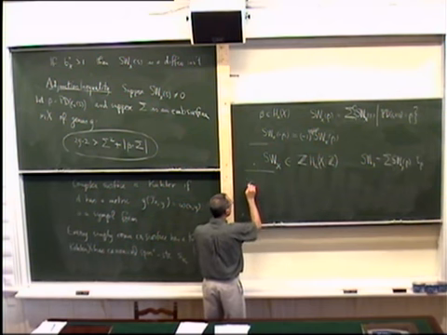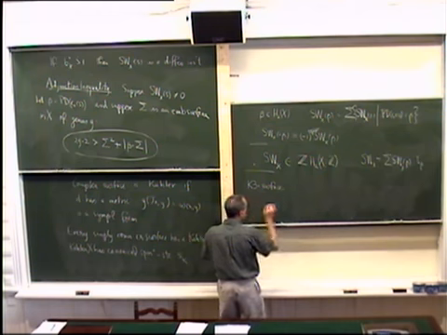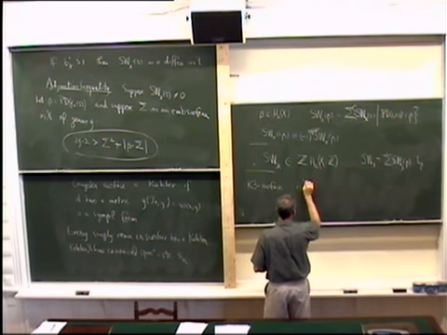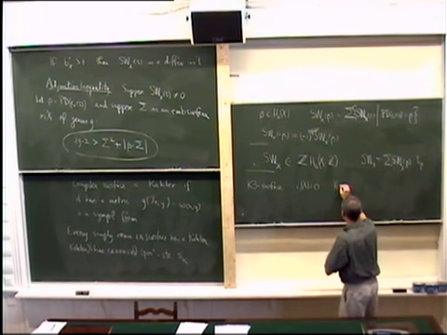For the K3 surface, a manifold with C1 equal to 0, the canonical class is 0.